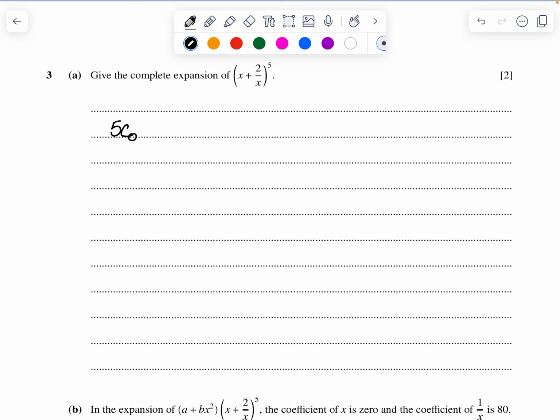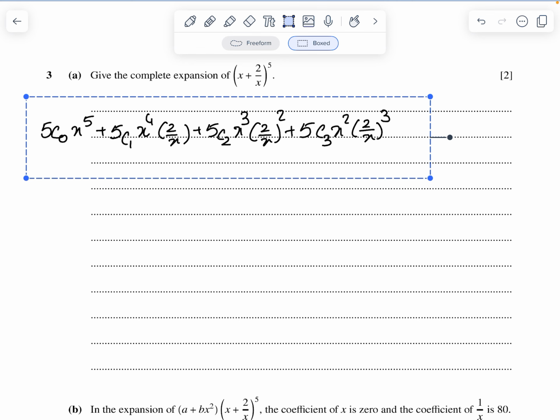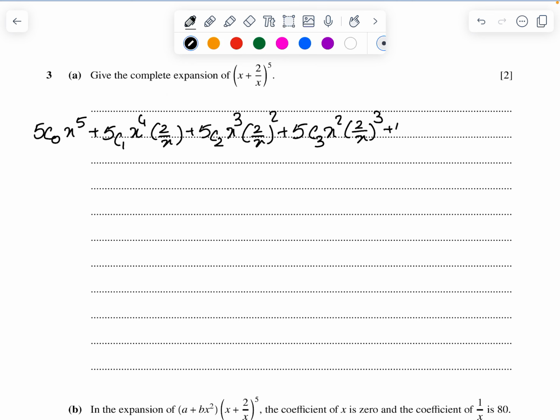So 5C0 x to the power of 5 plus 5C1 x power 4 (2/x) plus 5C2 x power 3 (2/x) squared plus 5C3 x power 2 (2/x) cubed, then 5C4 x power 1 (2/x) power 4 plus 5C5 (2/x) to the power of 5.